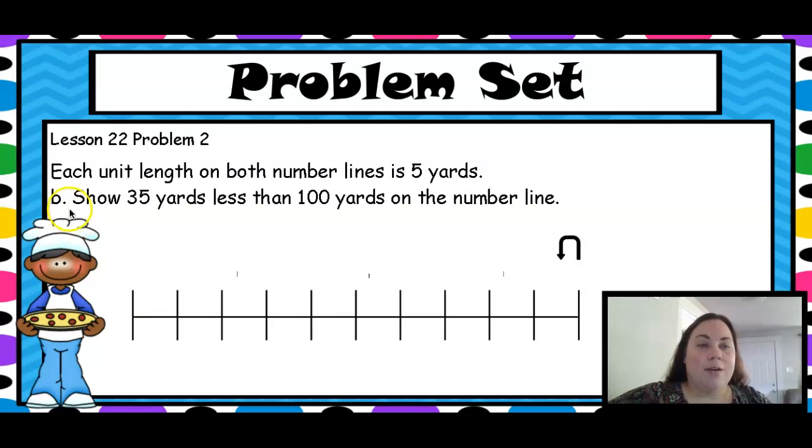For B, we are going to show 35 yards less than 100 yards on the number line. So this time, our endpoint is 100, and we're going to count back 35 yards. And again, we still have 5 yards between each hash mark.